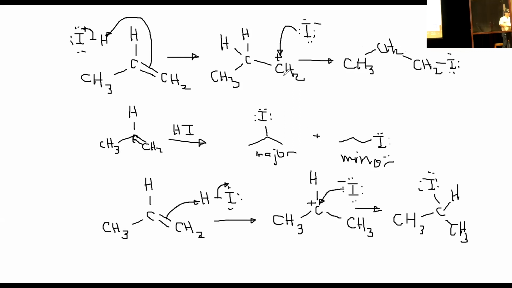So the difference between these two mechanisms is the intermediate. The way the mechanism goes is the same in both. But in this case, you've got the plus charge on a carbon with 2 methyls and 1 H. So I'm going to put 1 H directly attached over here. This one has just 1 carbon and 2 H's directly attached.